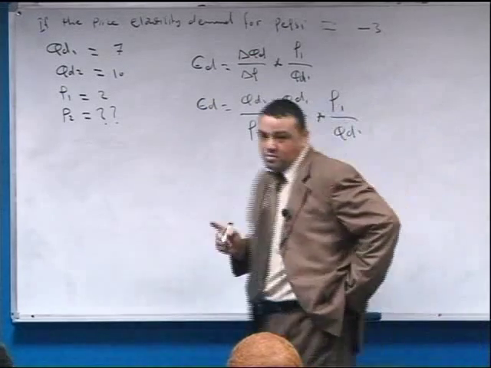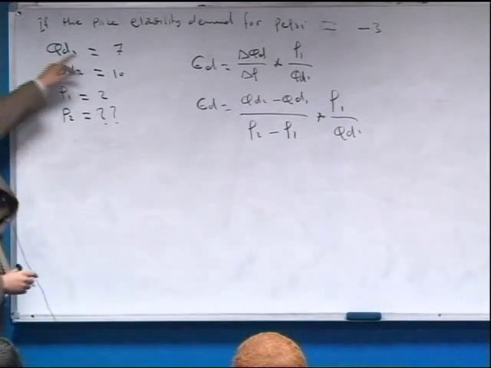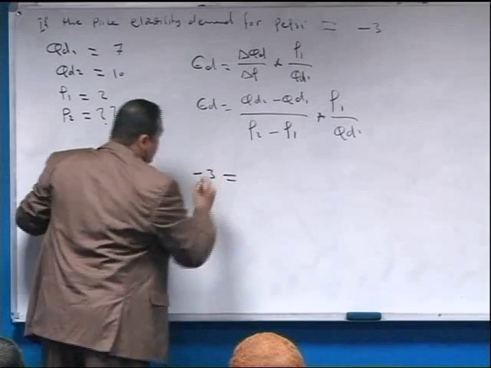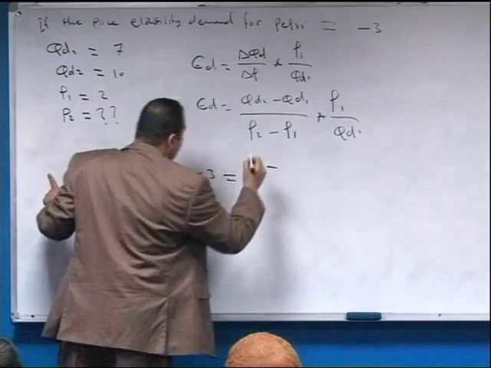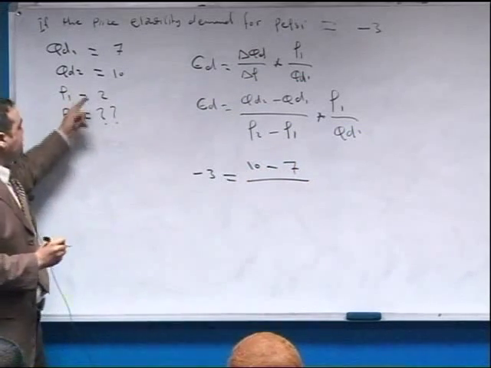Right? So, direct substitution. ED equals -3. -3 equals QD2, 10, minus 7 over P2 minus P1.